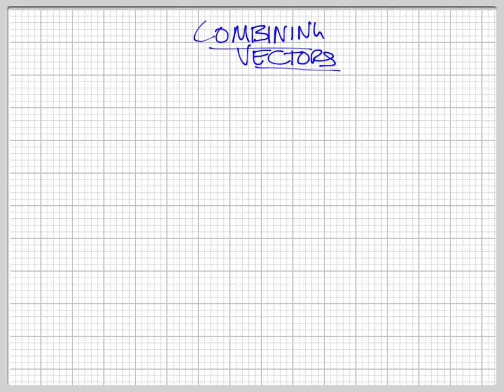Alright, I said I would talk about those change in velocity problems, and that's what we're going to do. We're going to talk about the two things that I'm asking you to do with vectors. One of them is to find the change in a quantity.